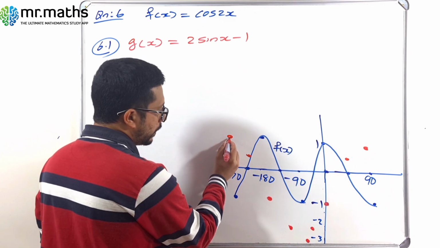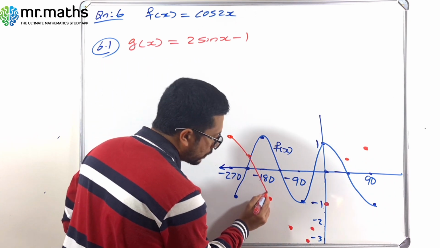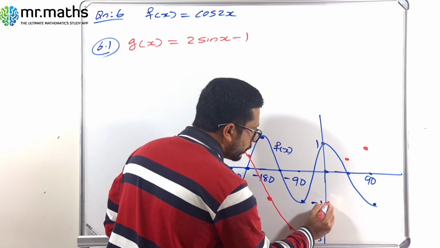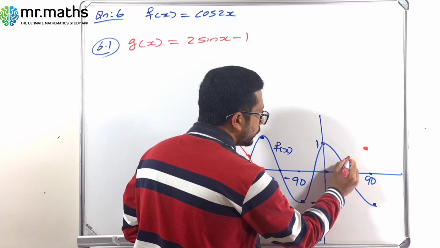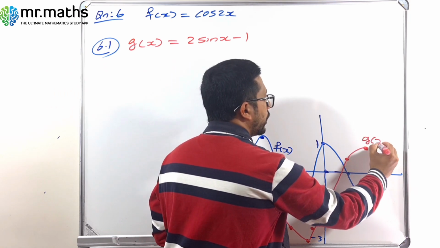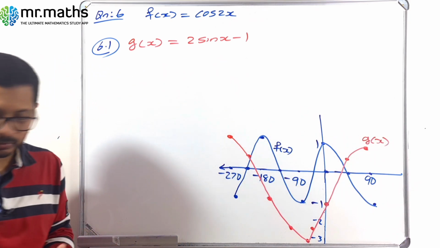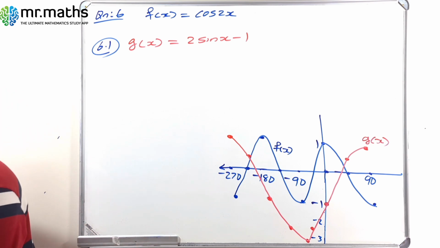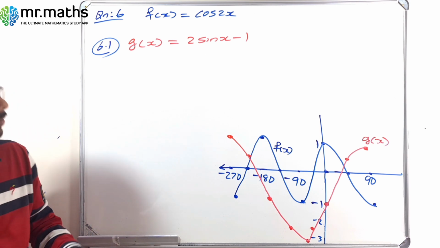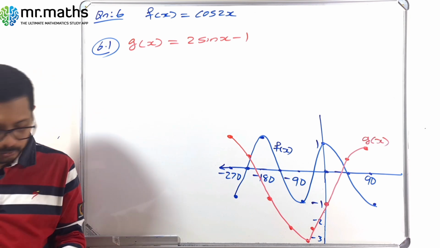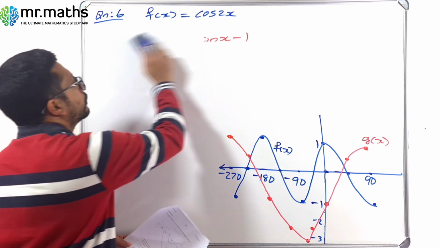So the points are like this, and the minimum point is minus 3. So this is the graph of g of x, the new graph g of x. That is question number 6.1. Now we can go to the next question, 6.2.